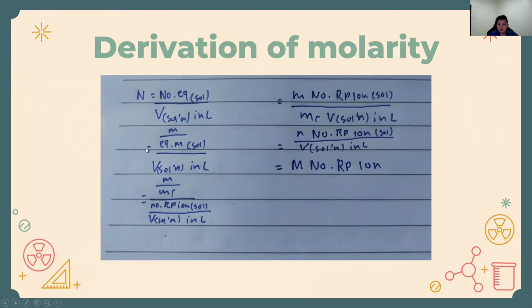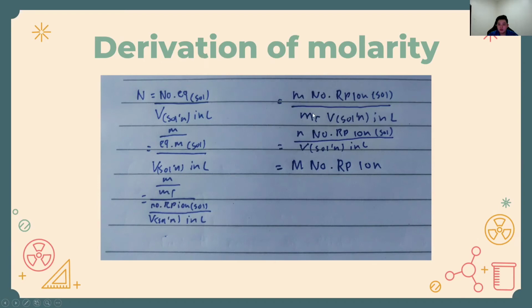This is the derivation of molarity. N equals number of equivalent in solute per volume solution in liter, and then we change it to M per EQM per V solution in L. We change it again to M per MR per number of replaceable ion per V solution in liter, and then M times number of replaceable ion per MR times V solution in liter.